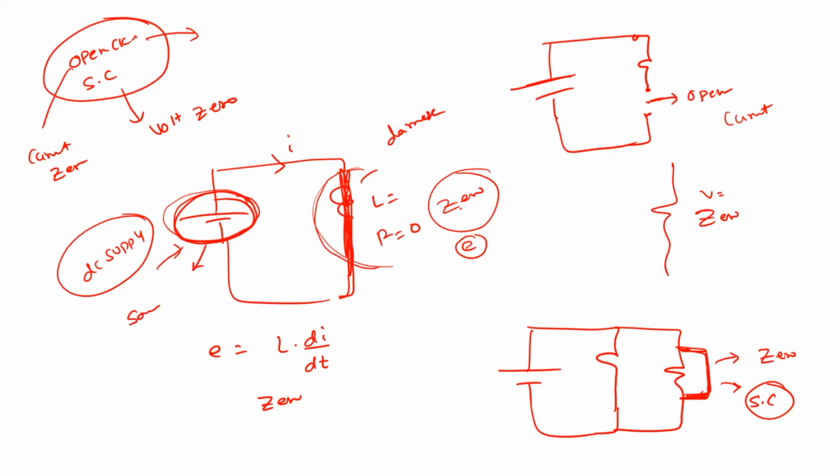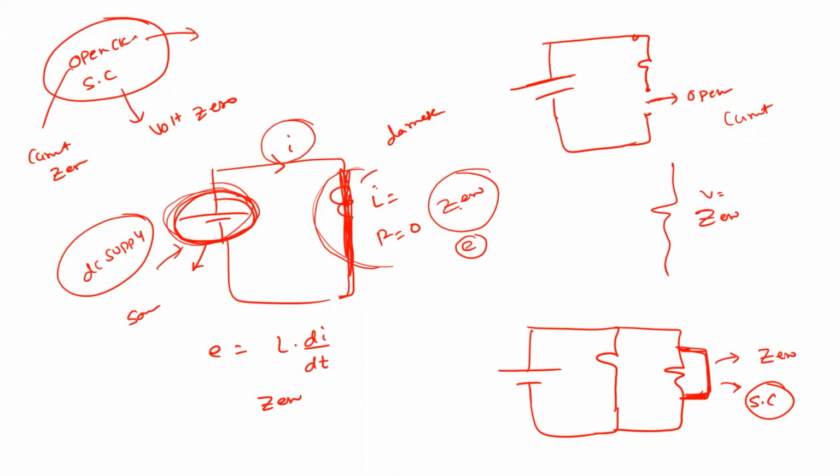So what you understand is that you never continuously switch on an inductor with a DC supply. When you do, the inductor gets short circuited, a large current will flow through the circuit, and it will damage the inductor and may further damage the source.